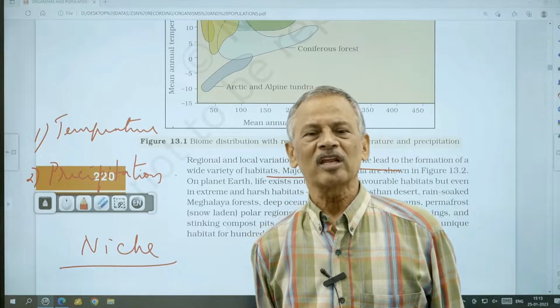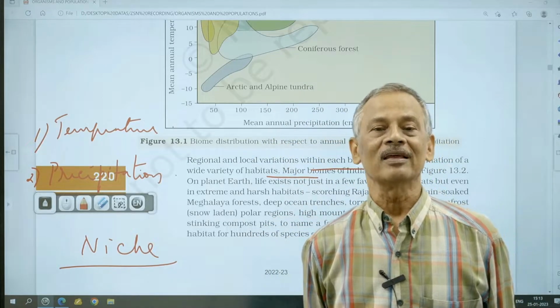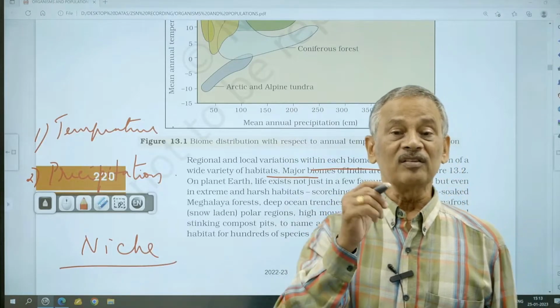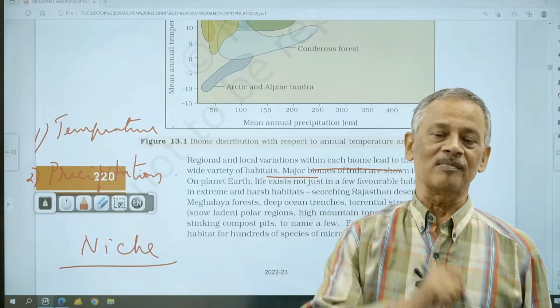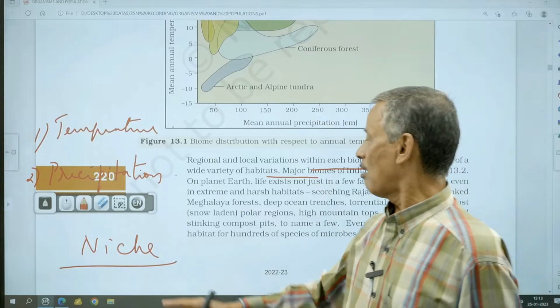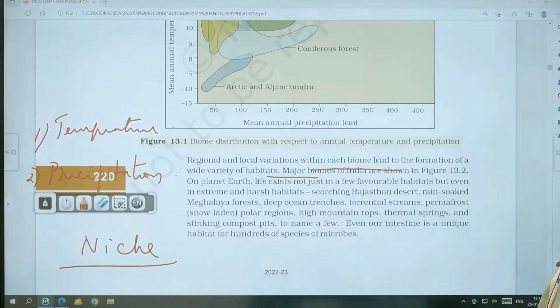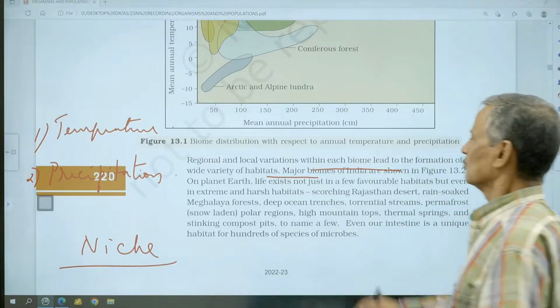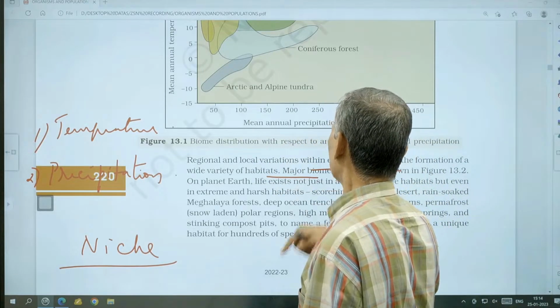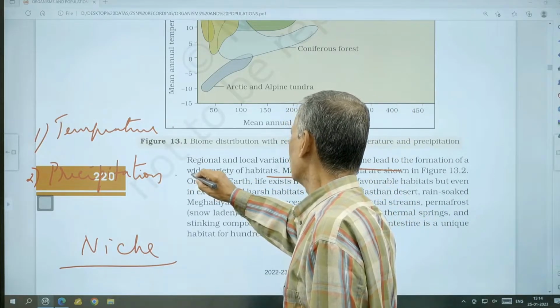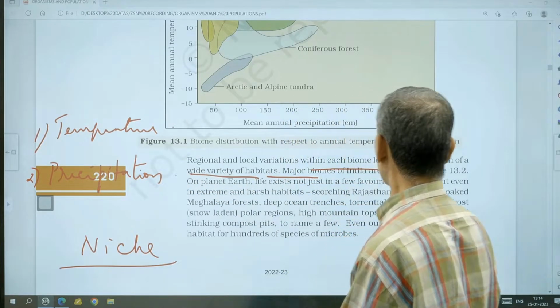What that organism is doing in that habitat, how it is getting its energy, what is its role in that ecosystem. That is what is called niche. So you will have habitat and niche. Within a biome itself, you will have a large number of different types of habitats.